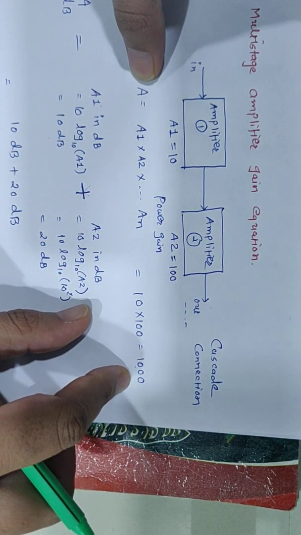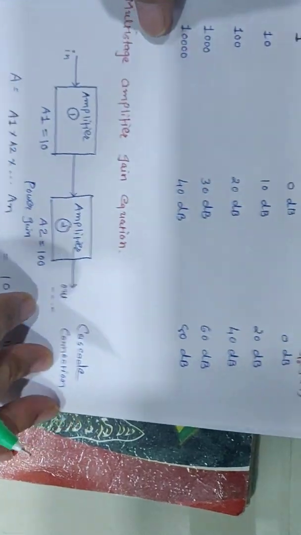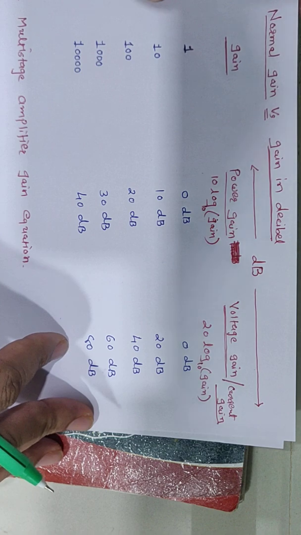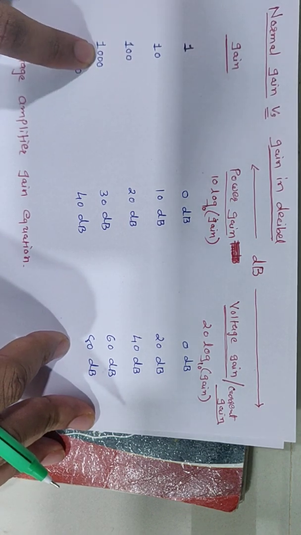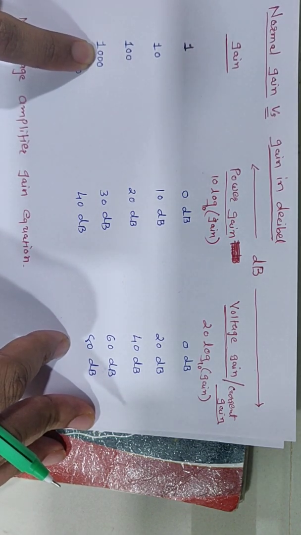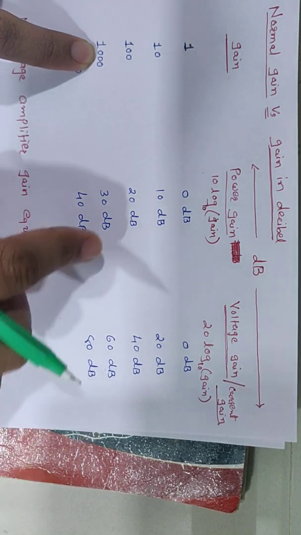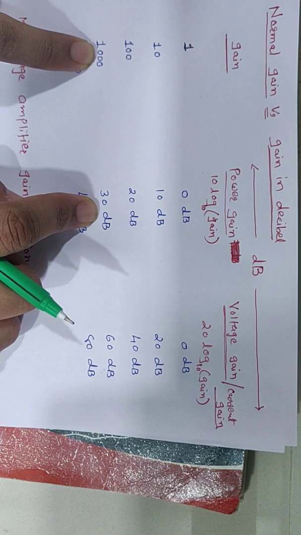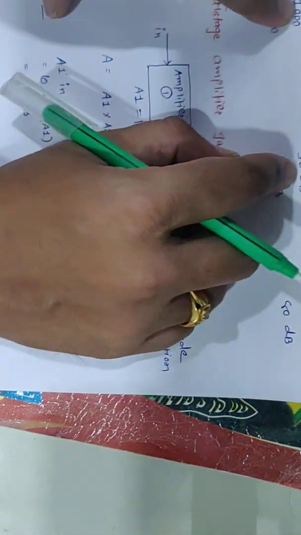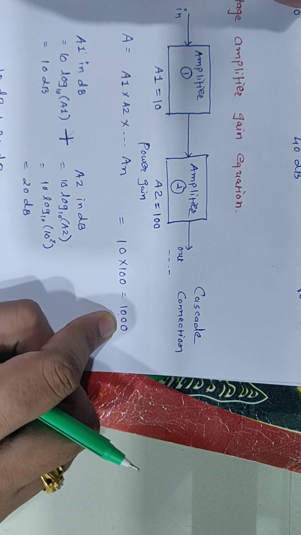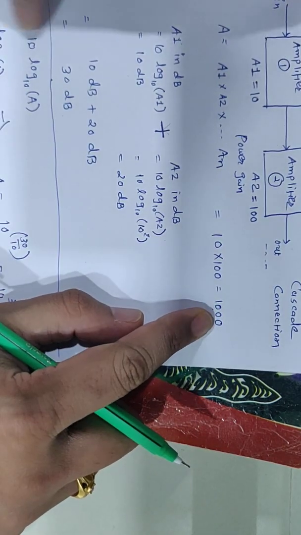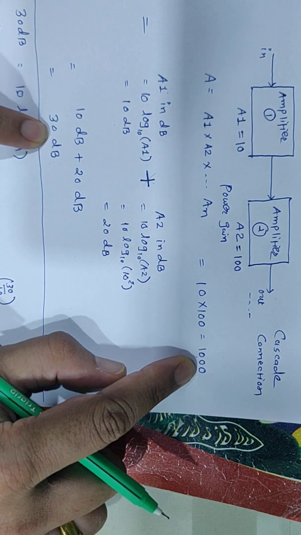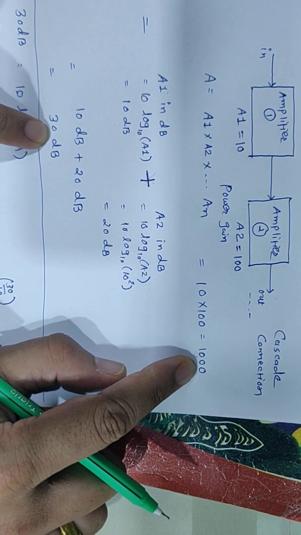As we saw in the table in the above discussion, the gain is 1000 and its converted dB gain, which is power gain, is 30 dB. So both are the same.